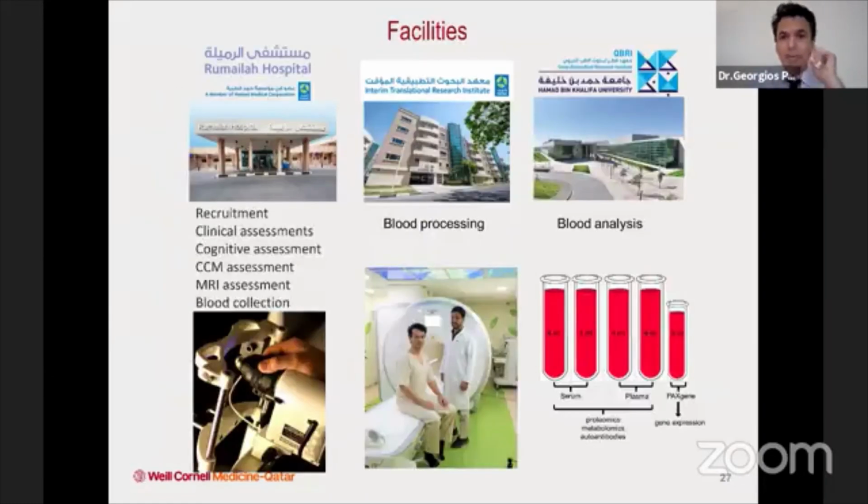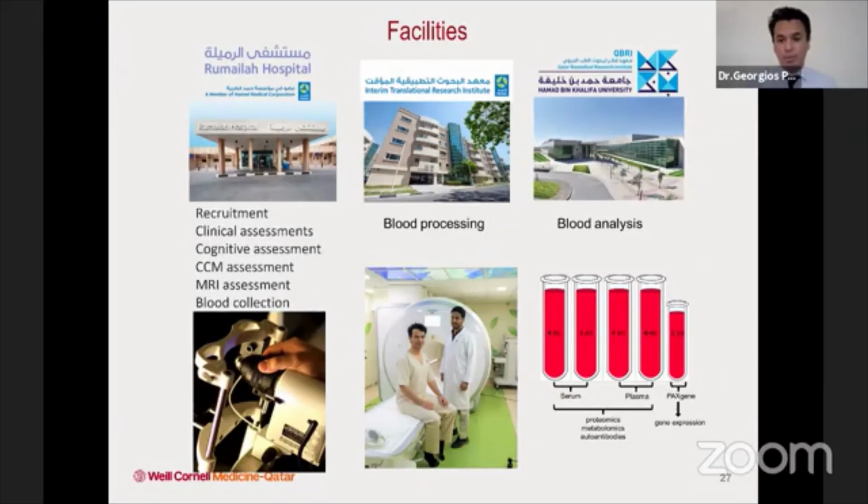Now, it's very important to select the facilities that you're going to have in your study. For example, while in Rumeila we do all the assessments like CCM, MRI, cognitive assessment, diagnosis, and so on, we collect the bloods. QBRI does the blood analysis. However, it's quite far from Rumeila Hospital.